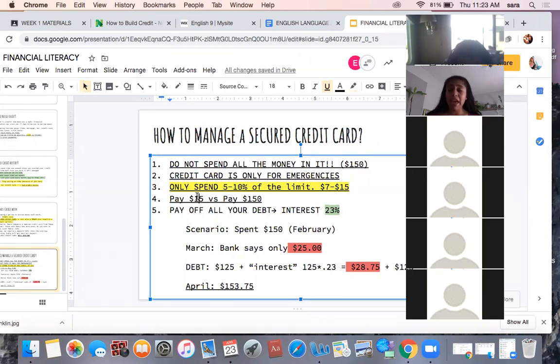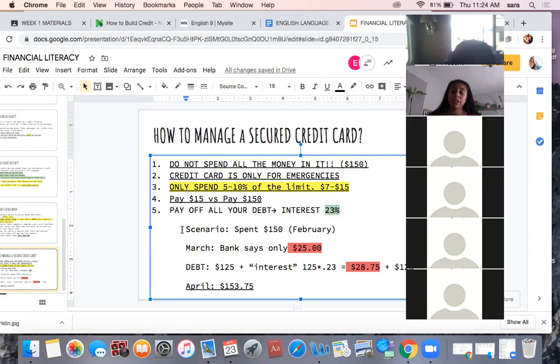That would get you to pay $15 versus paying $150, which is a lot easier, right? Now, why do you want to pay all your debt? Because of interest. And interest for Ruby, because she never had a credit score before, is really high. Her interest is 23%. That's super high.